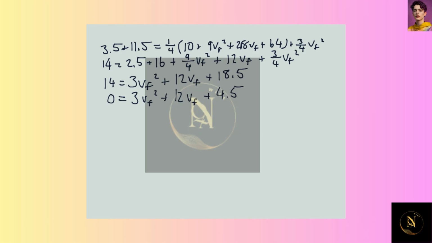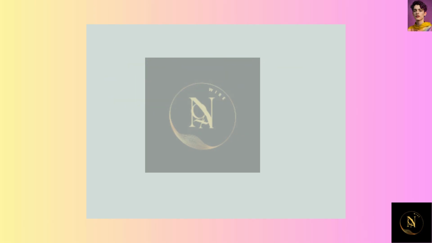So then we can do the quadratic formula. I'll do that on the next slide. So remember, the quadratic formula is V is equal to negative B plus or minus square root of B squared minus 4AC all over 2A.